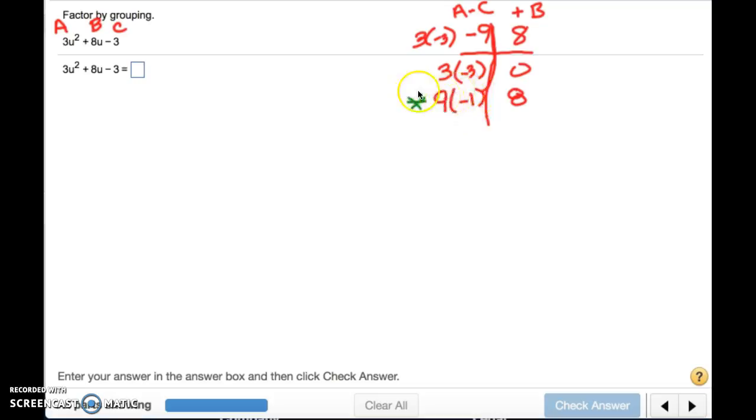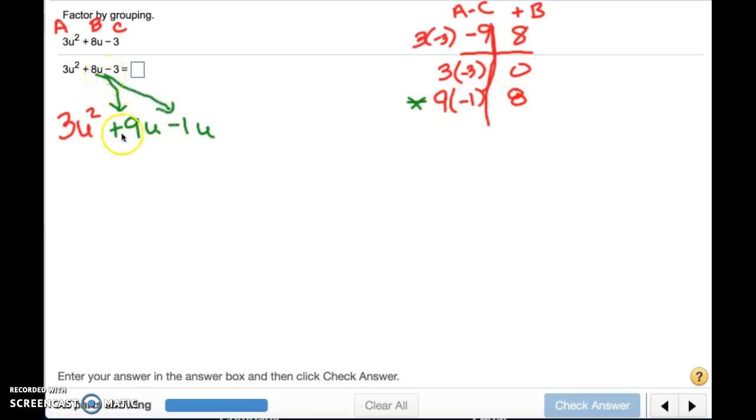So this is telling me how I'm going to split up this 8 in the middle. I'm going to bring down my 3u squared, and I'm going to split up this 8u into a positive 9u and a negative 1u.